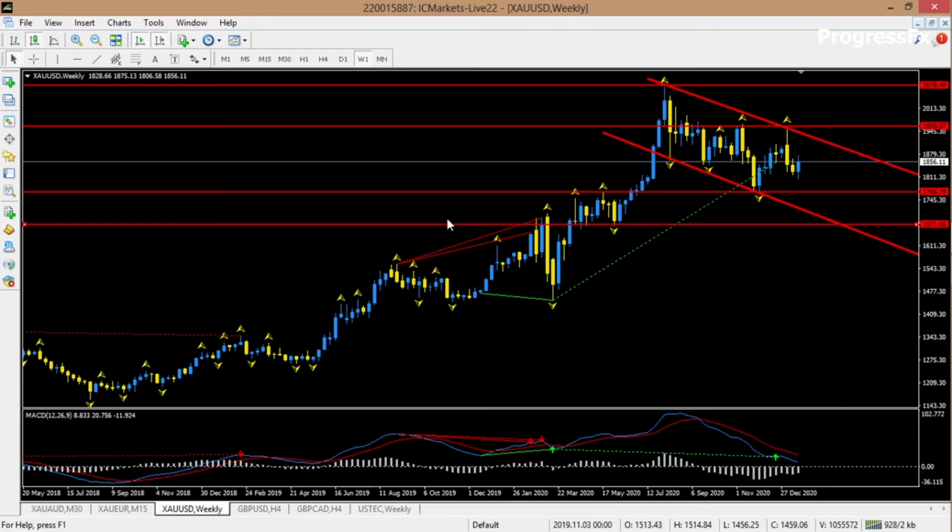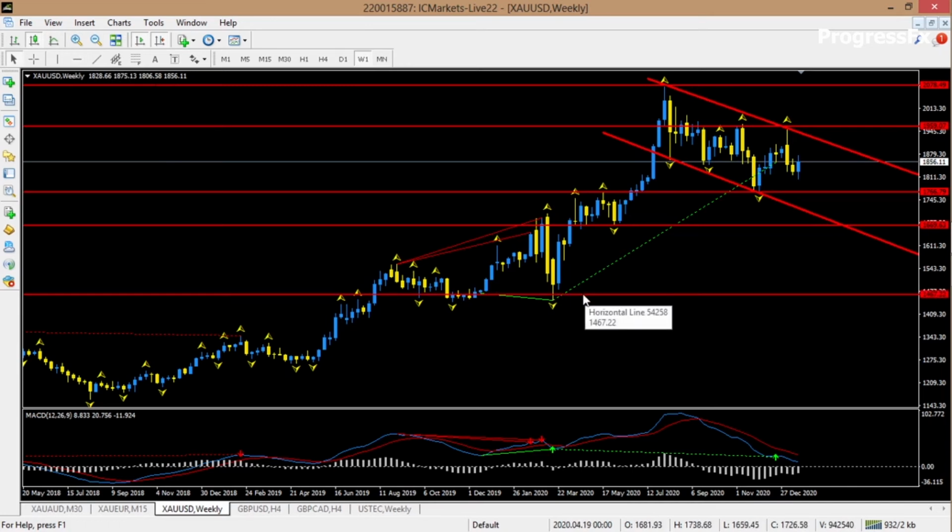That's another possible place gold is going to stop by on its way downwards or uptrending. So with these setups, you can already be understanding possibly the next moves gold is likely to make.